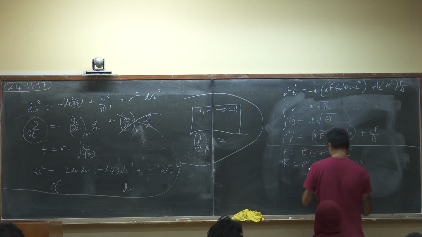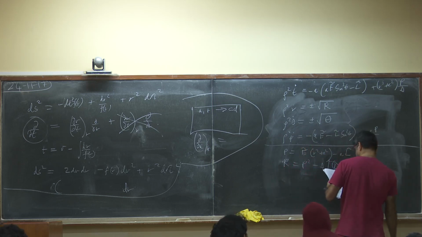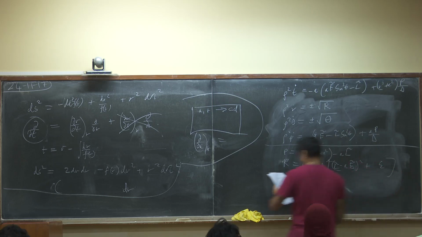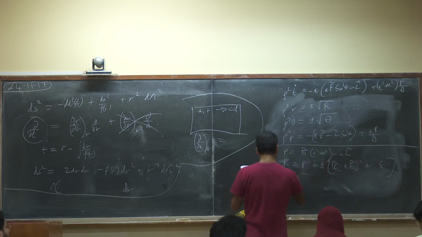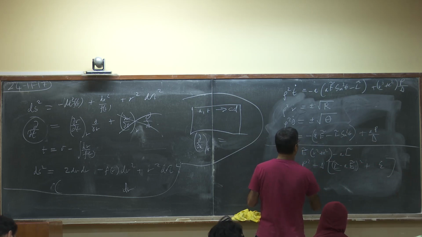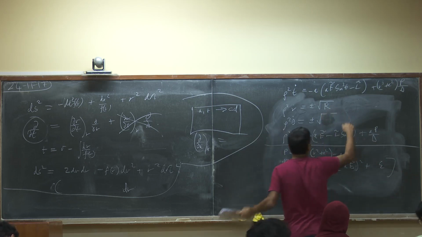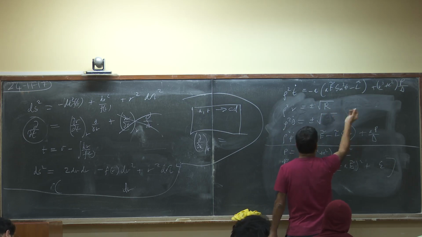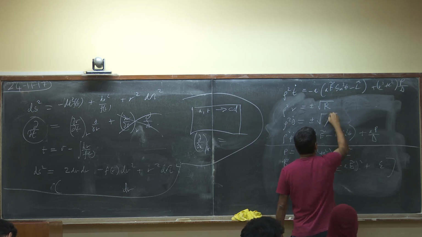He's used some funny notation, let's call it zeta. And Theta, you will confuse it with this, so let's call it mu.